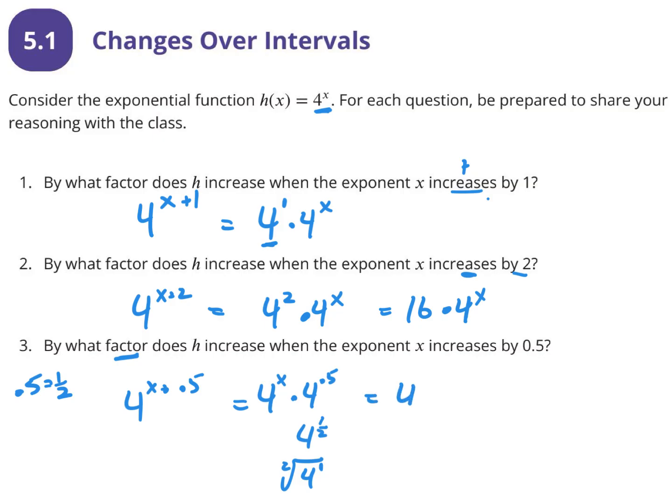This equals 4 to the x times 2. I kind of wrote that one backwards from the other ones, but you get the gist. So the factor is changing in each one because the exponent is increasing or decreasing.